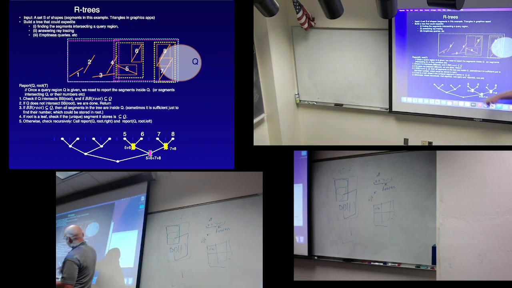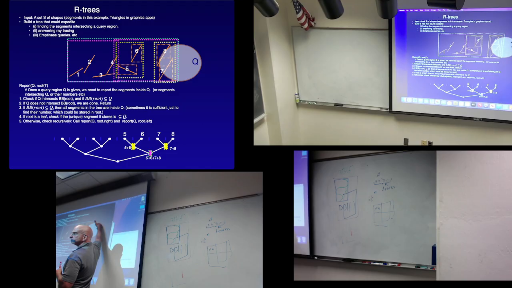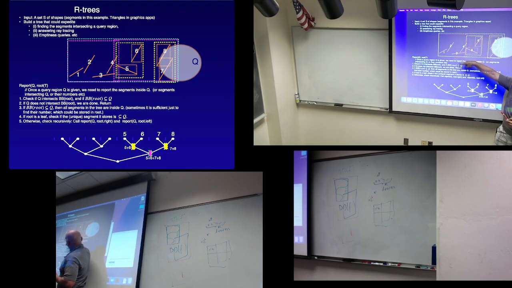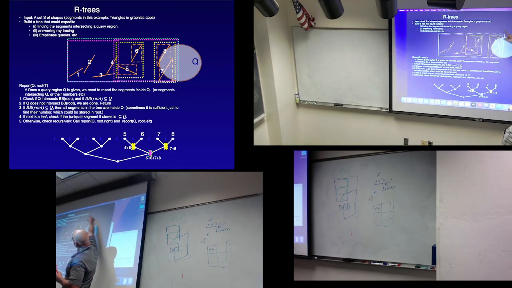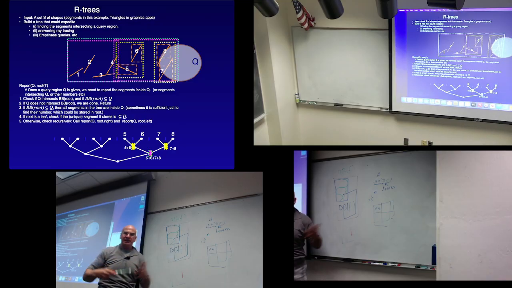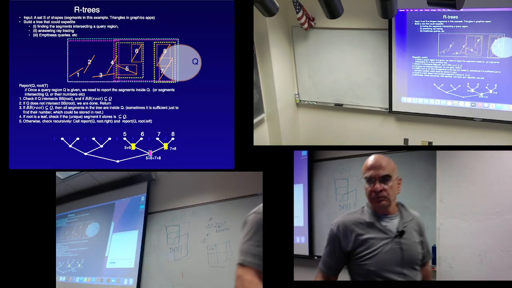And finally, if none of these cases happens, that is, the bounding box of the root intersects the query, but the query doesn't cover the whole bounding box of the root, then I'll send the problem recursively to the two children of the root, and they just do the very same thing.